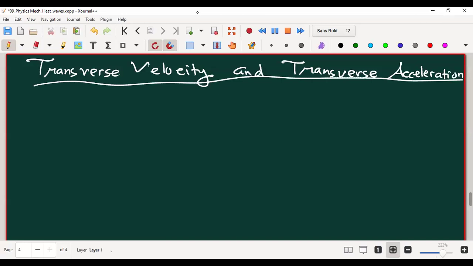Okay. Transverse velocity means the velocity of vibration. Here you can see that y(x, t) is ym sin(kx − omega t).